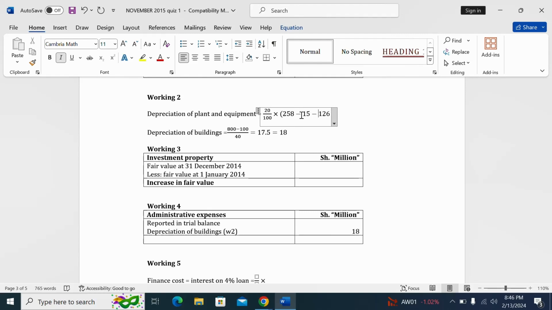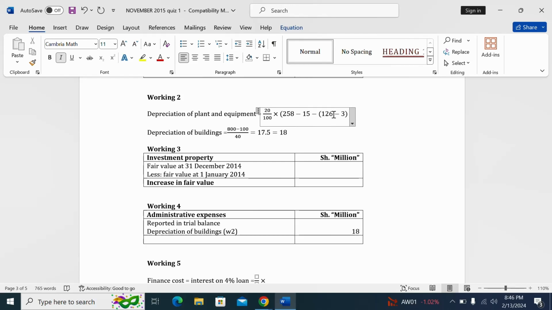And this equipment had an accumulated depreciation of 3 million. Therefore, we deduct 3 million from the accumulated depreciation.